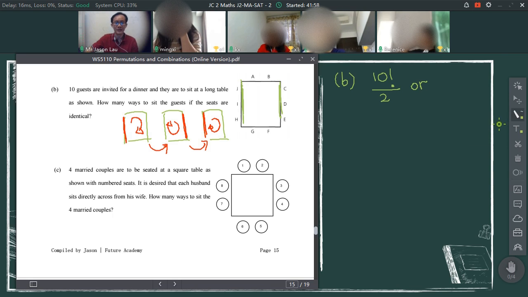Question? Okay, let's look at the inserting or the sacrificing method. So how do we go about doing it another way?